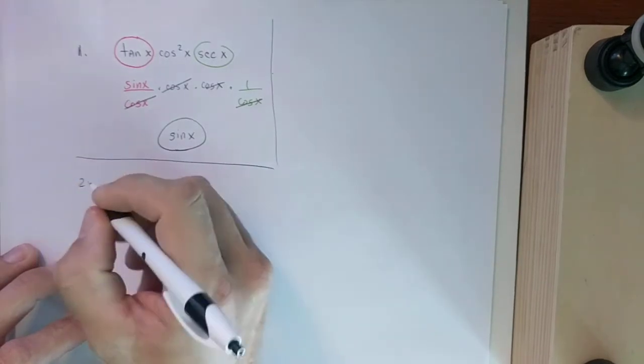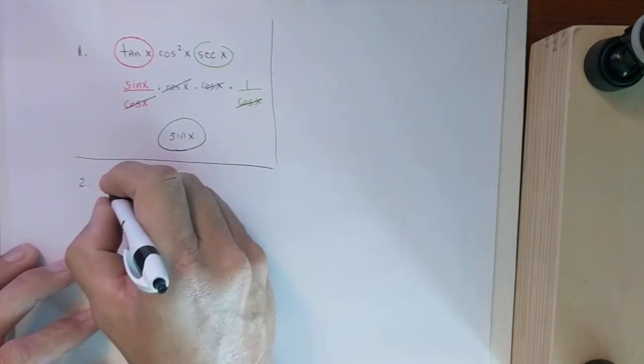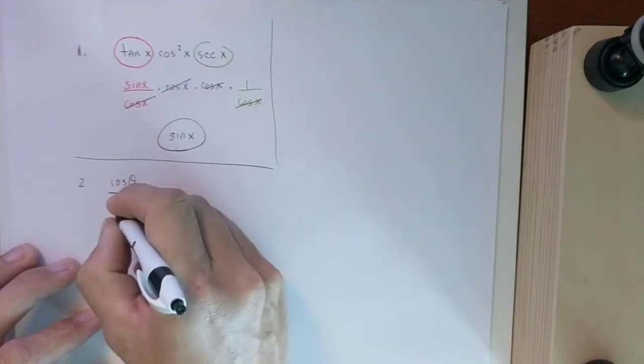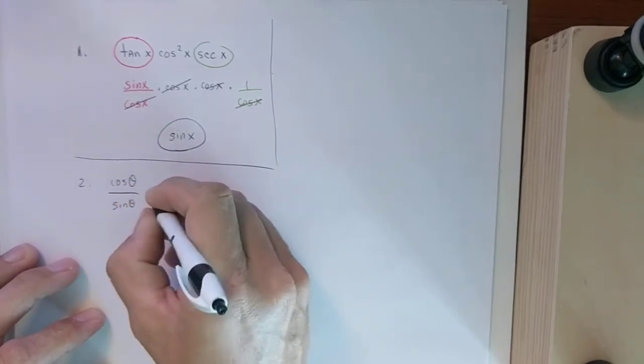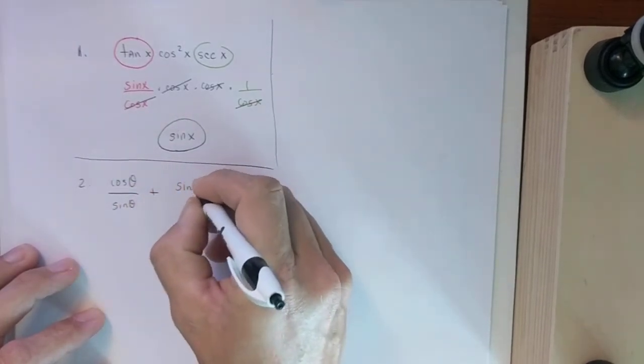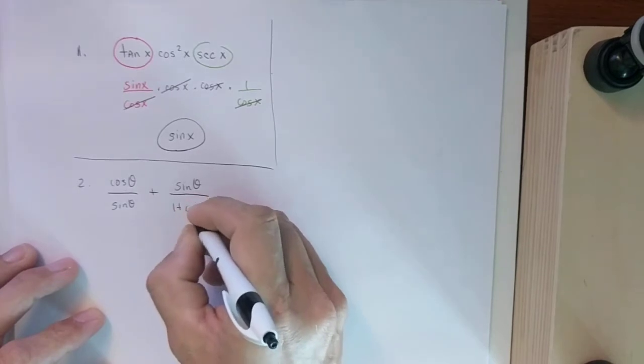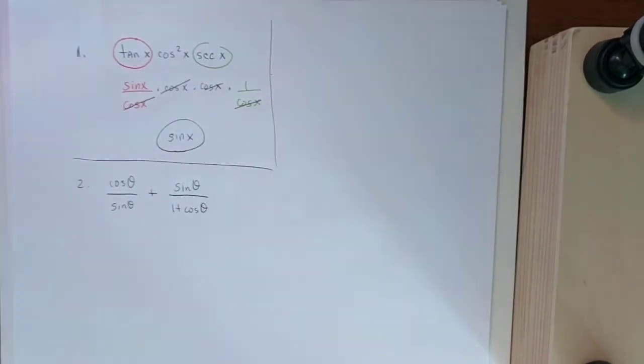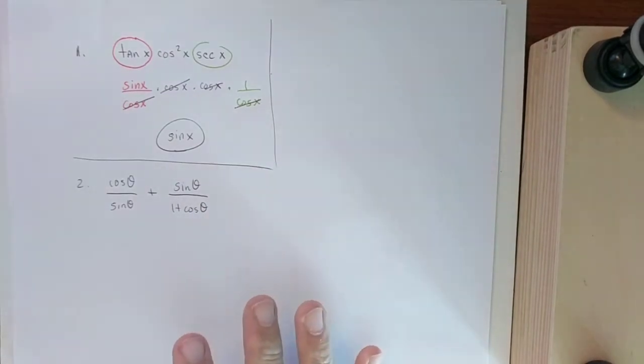But the second one is to try to simplify this: cosine over sine plus sine over 1 plus cosine. And let me go ahead and mention while we're doing this that the way that I do this problem is not going to be the only way that it can be done.